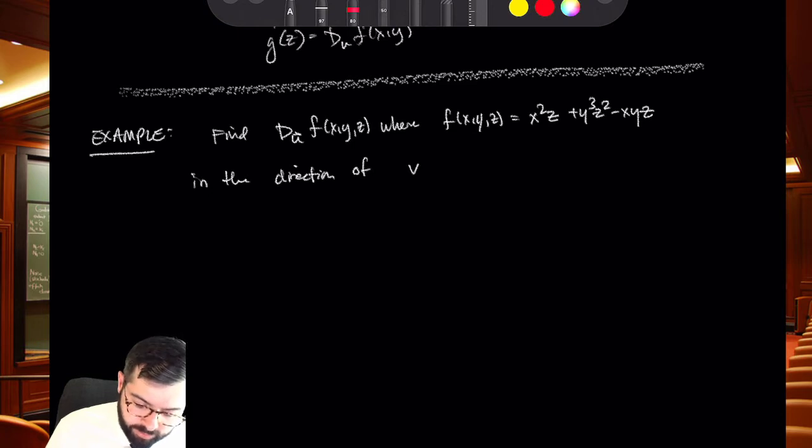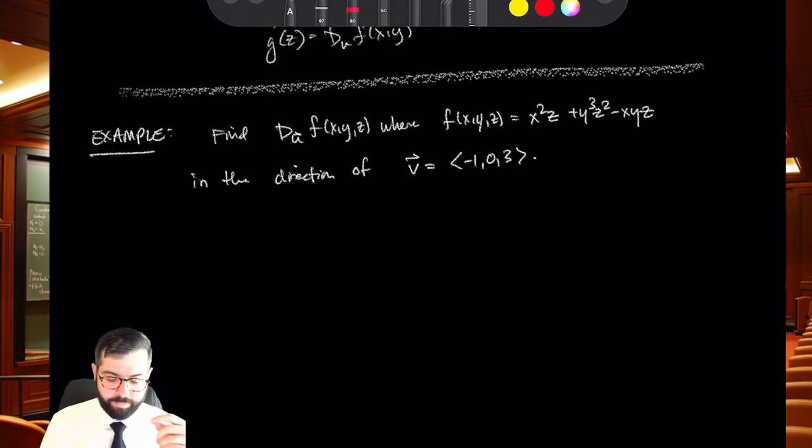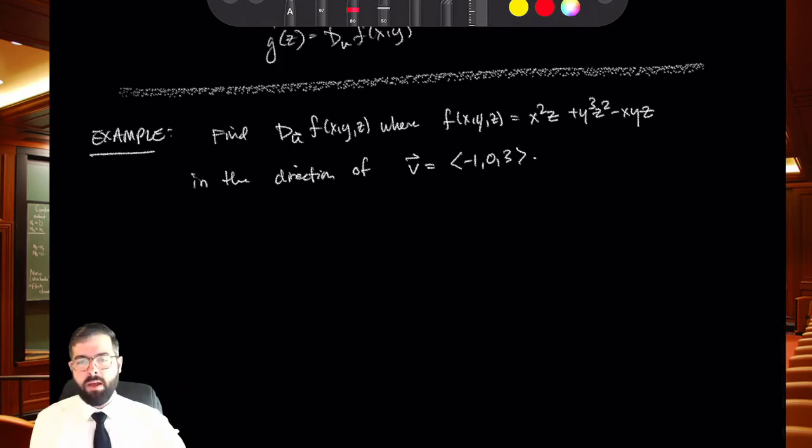In the direction of this vector v, negative 1, 0, 3. So, a couple things.